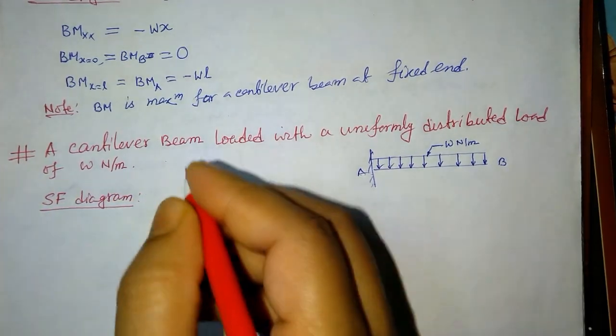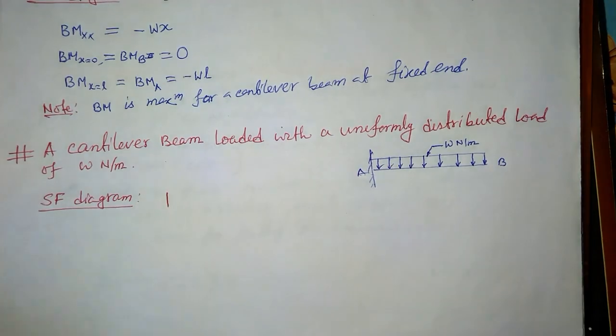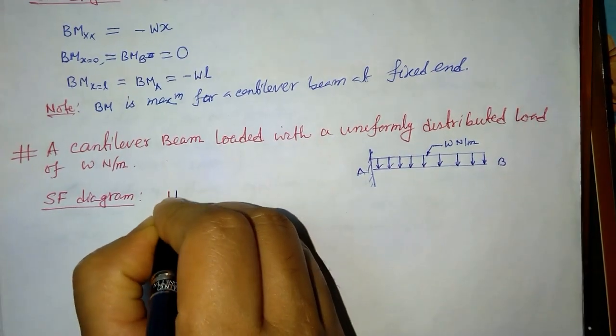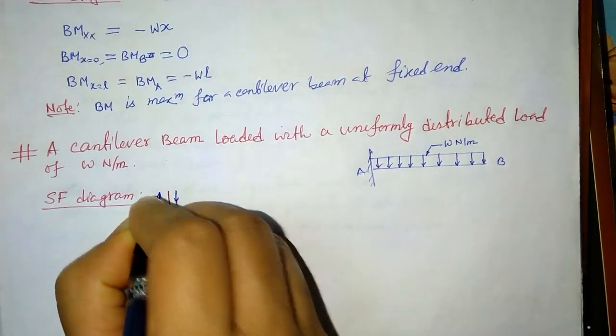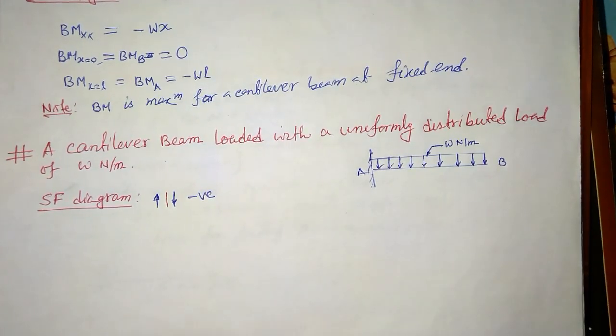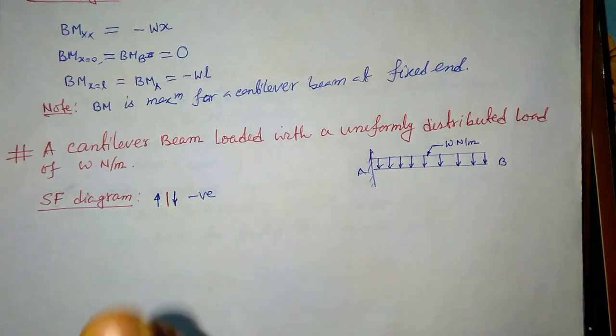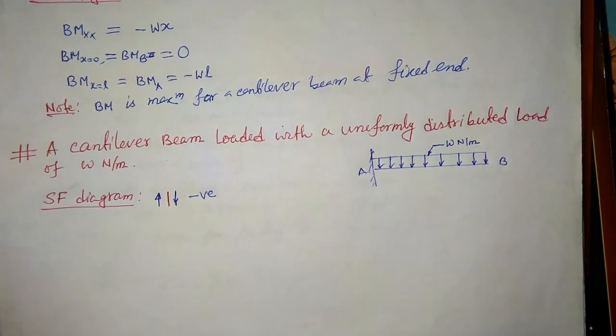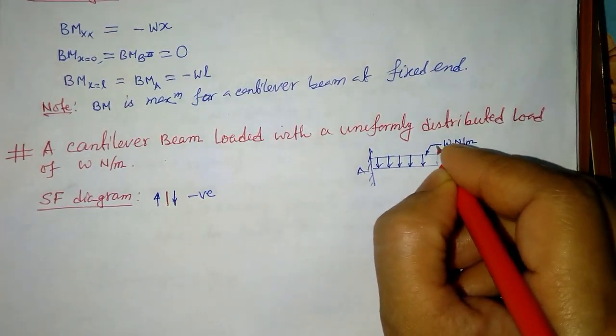Let's see the shear force diagram. Always like that we can mention the sign convention: upward means positive and downwards means negative. Okay, so let's take one section from the free end.